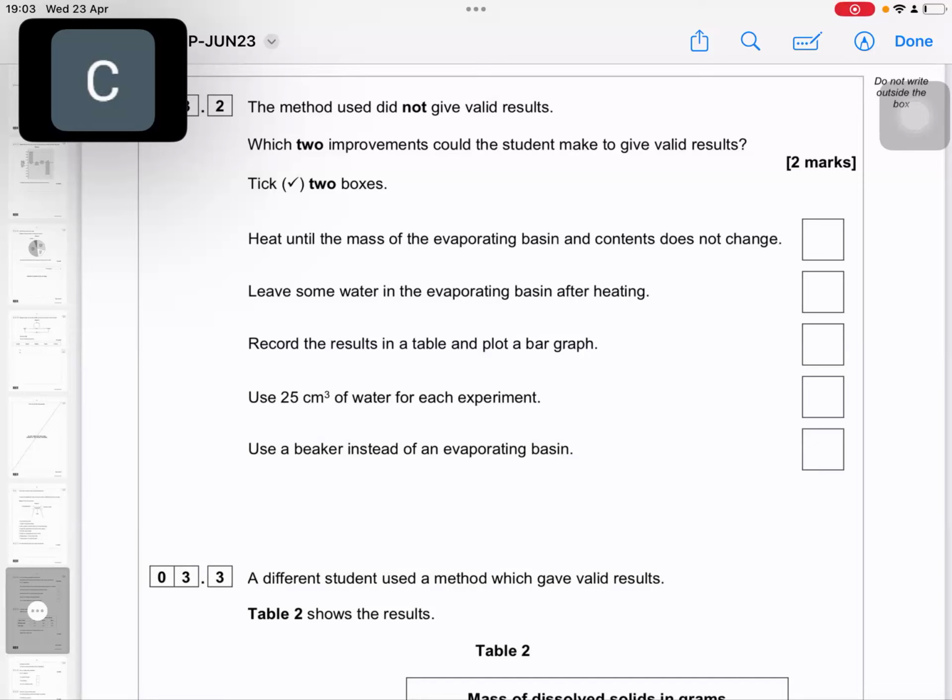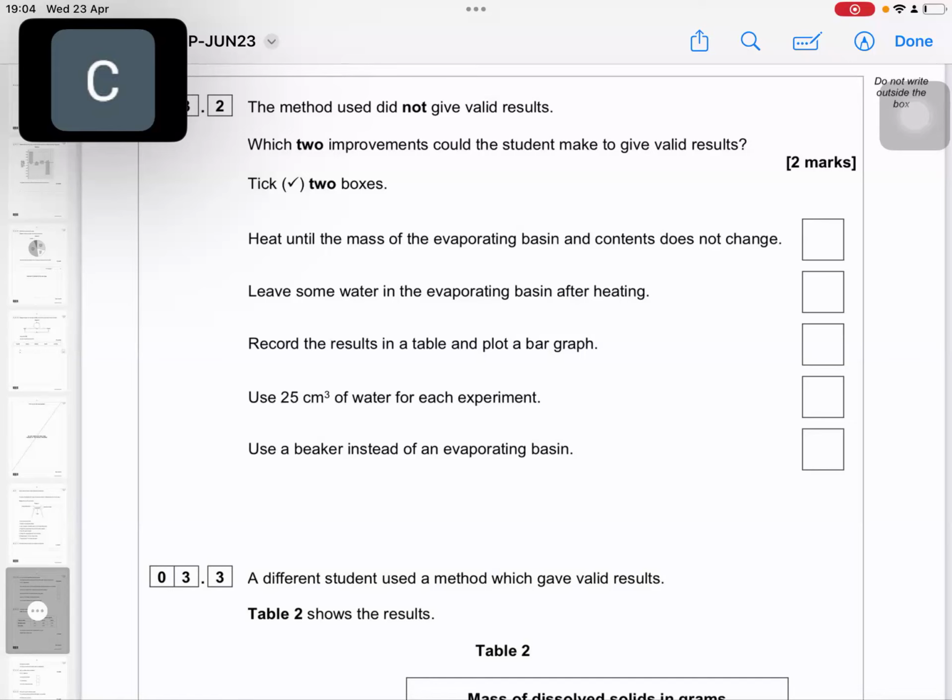That way you would know if all the water has evaporated. And like we said, we're testing the boiling point of water. So yes, that's the correct thing: the first one and the one that is more specific about the volume of water. Okay, we can move on.